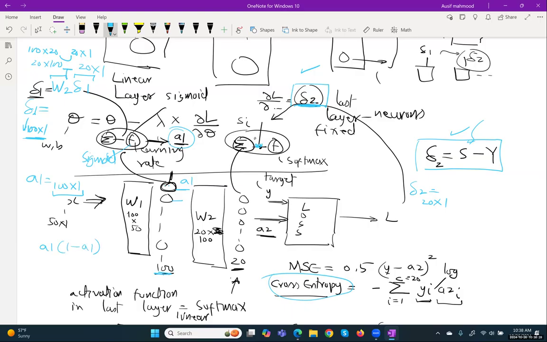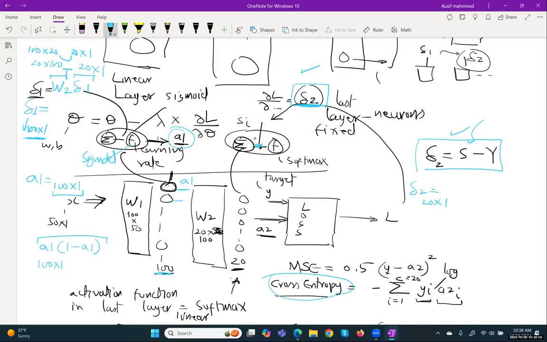A1 is 100 by 1. And so basically, this is an element by element operation, because for every neuron, we are doing A1 times 1 minus A1, A1 times 1 minus A1, right?